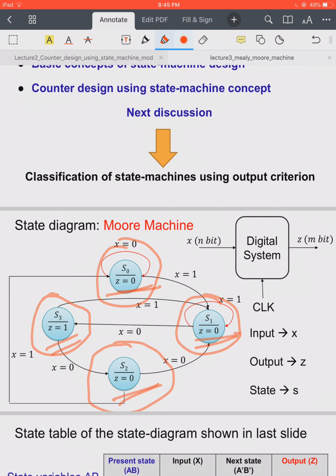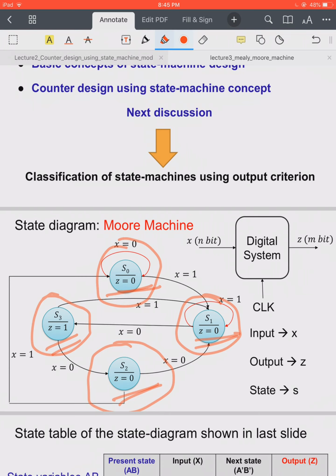Here the input x is 1 bit and the output is also 1 bit. It can vary, 3-4 bits, so it doesn't matter, but in general when the output of the state machine depends only on the present state, then it is called a Moore machine. It does not depend on the external input.